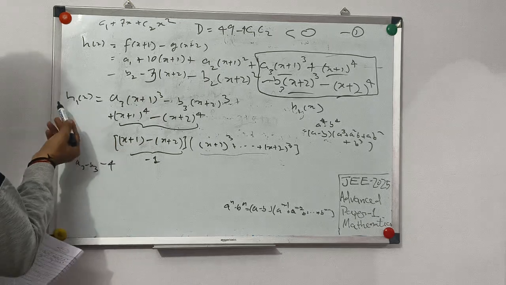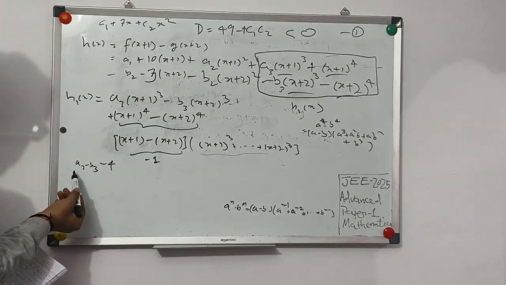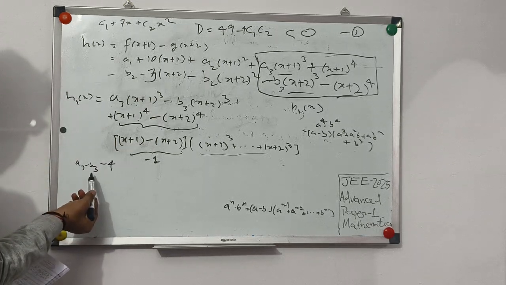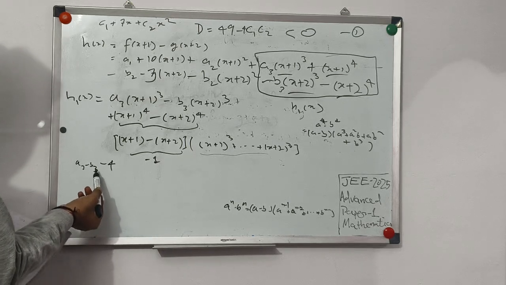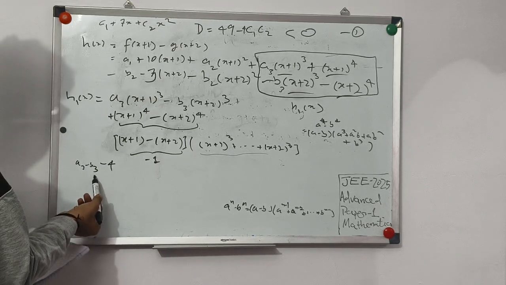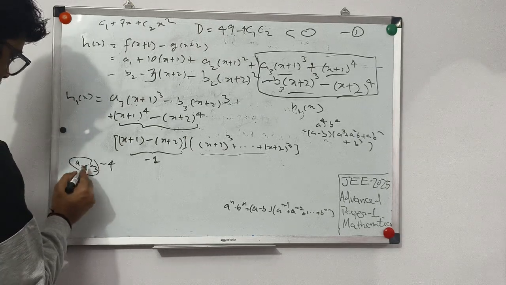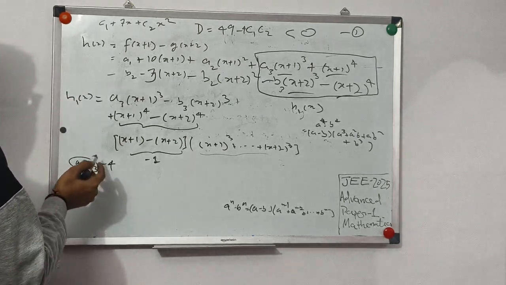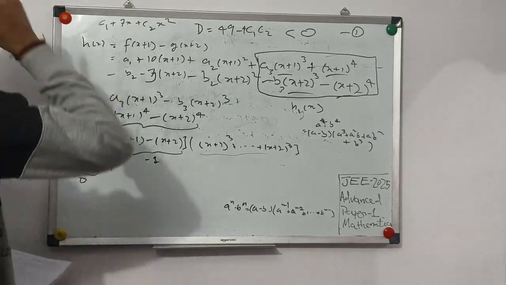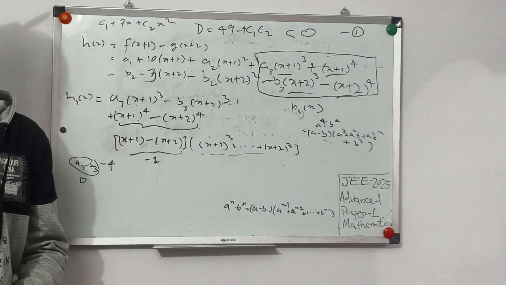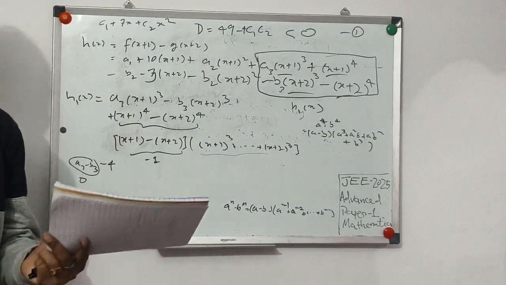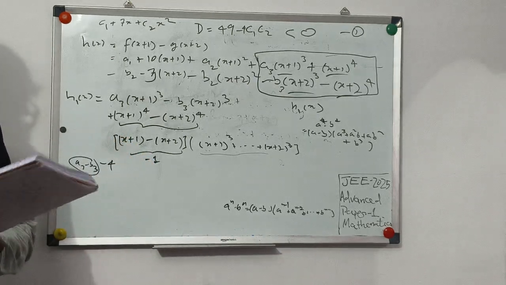So we get the coefficient of x cube in h1(x) to be a3 minus b3 minus 4, and we already got that a3 equals b3, which makes it 0. So the coefficient of x cube is minus 4, and the answer is C, I think.